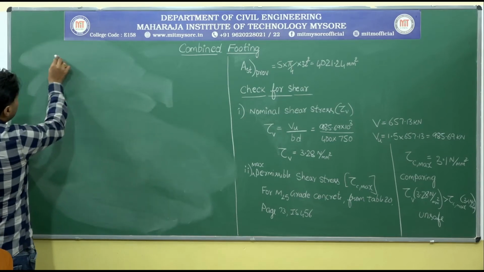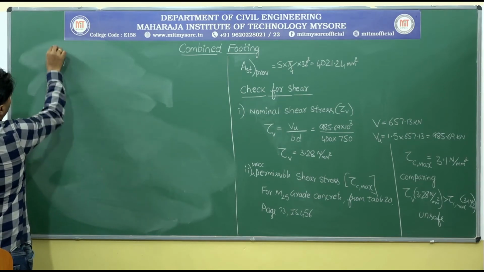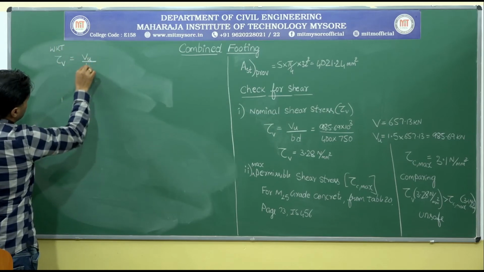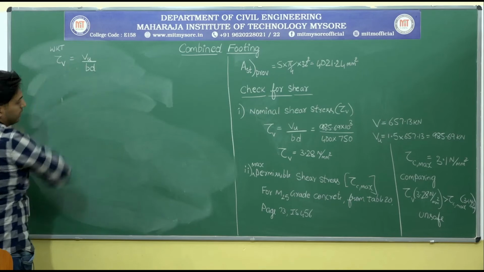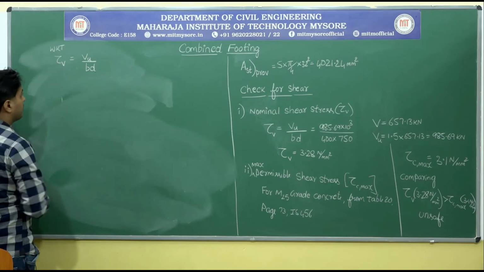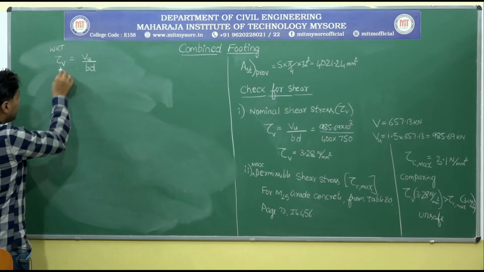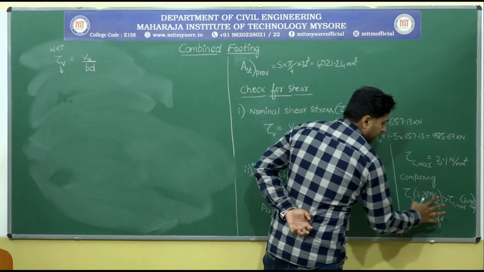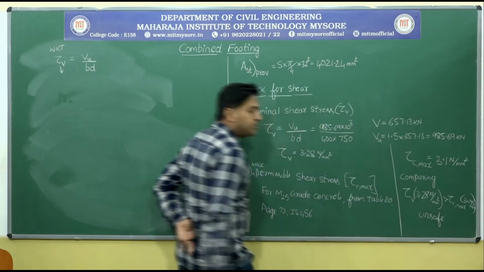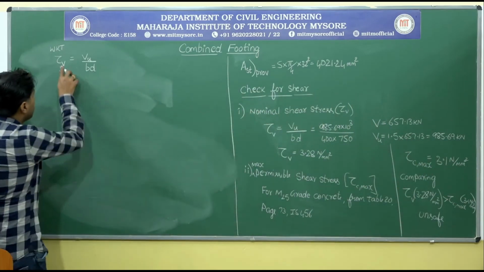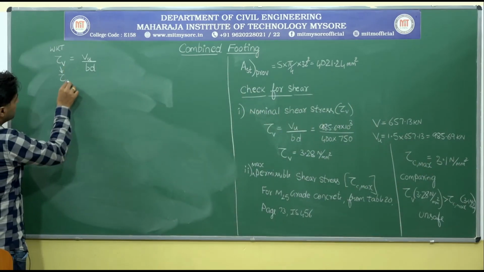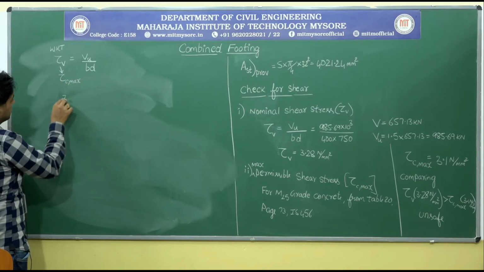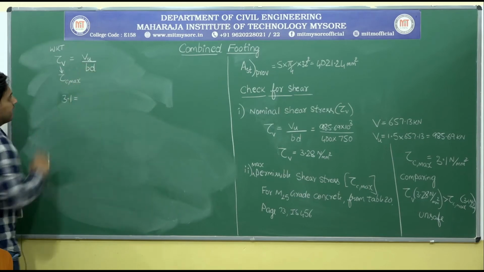We know that tau V is equal to Vu by bd, because shear force is the one which plays a major role here. Whatever value we get should never exceed the tau C max value. So instead of tau V, let me substitute tau C max. The value of tau C max is 3.1.